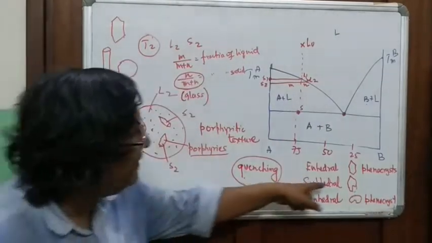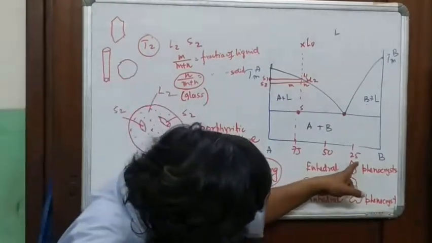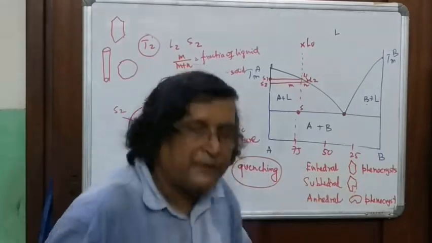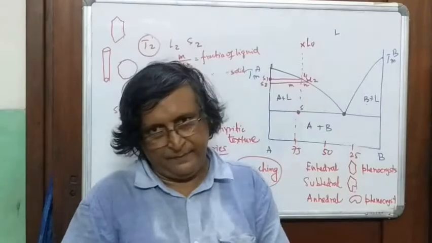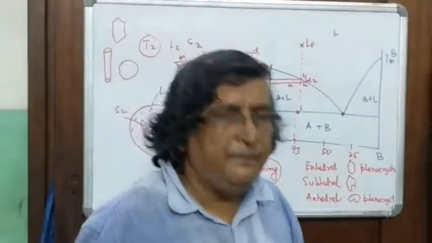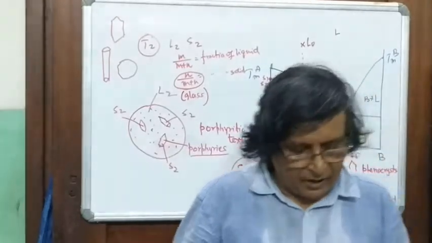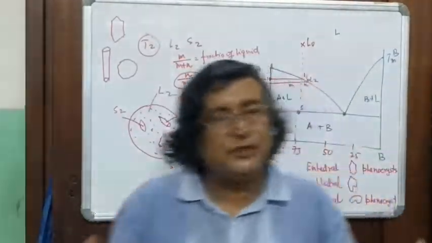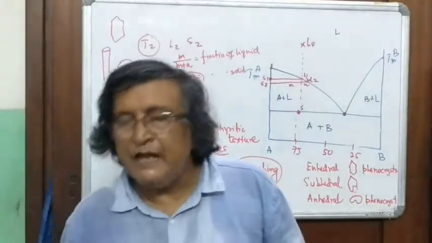Or you can have subhedral, where parts of the faces are well developed, the other parts are not well developed. This also happens dominantly because parts of the crystal did not have enough space to grow, but there can be other methods.